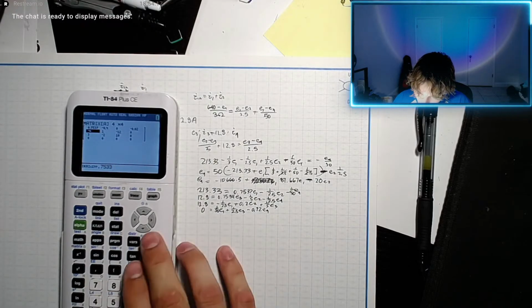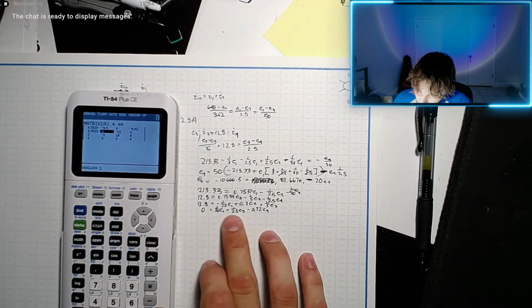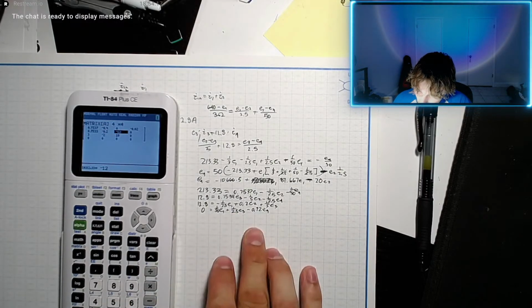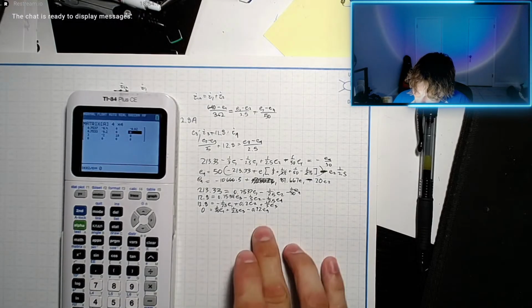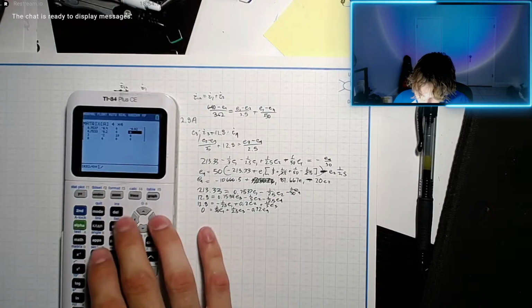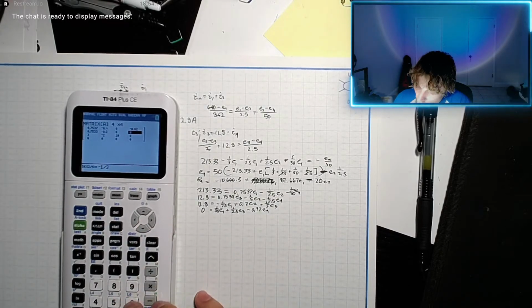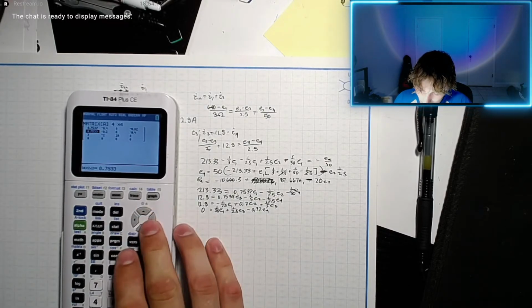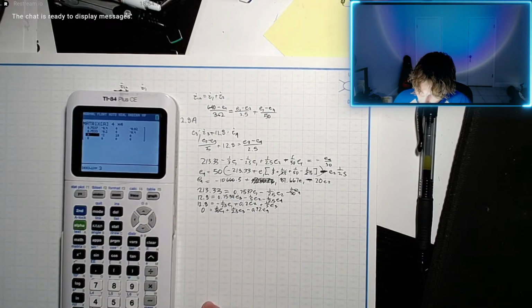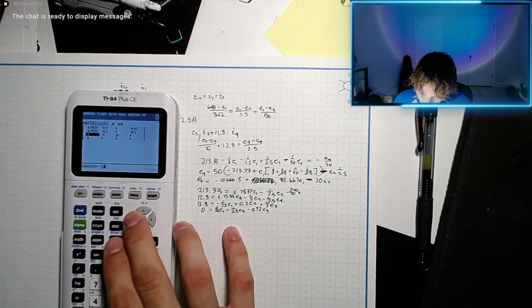0.7533. Negative 1 divided by 5, E2, okay, good. Almost messed that up. And negative 1 divided by 2.5. Did I get the other one negative? I did. 0, yep. Negative 1 divided by 2.5.